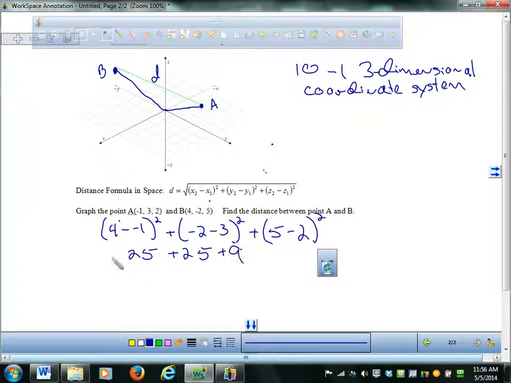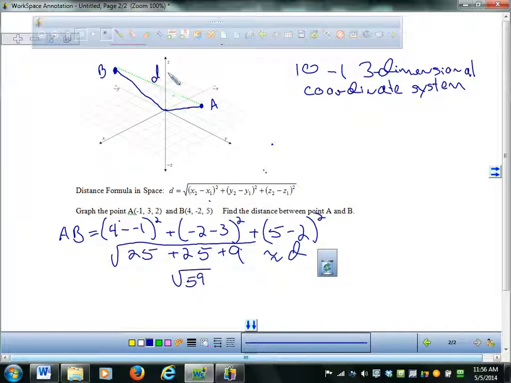Did I do that right? And I take the square root of that, and that is equal to the distance between A and B. So AB, the distance between points A and B, is equal to the square root of 59.